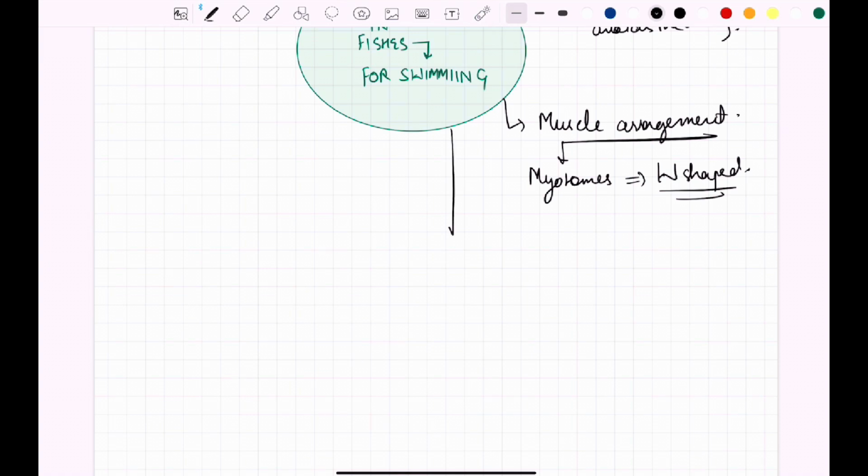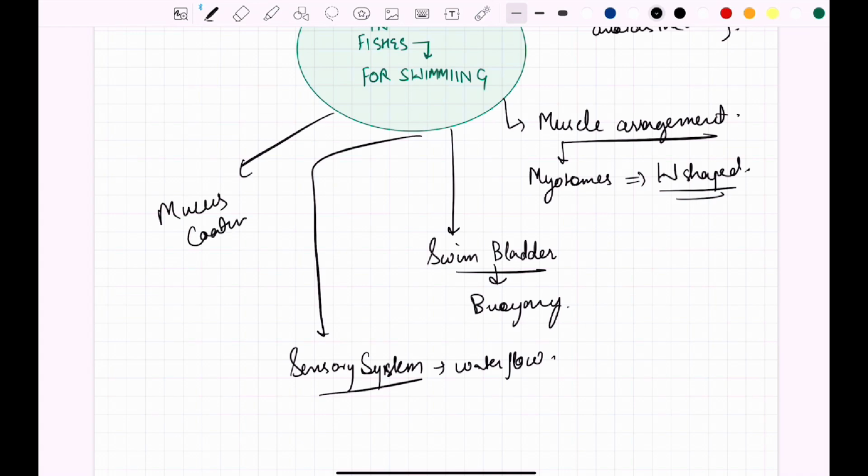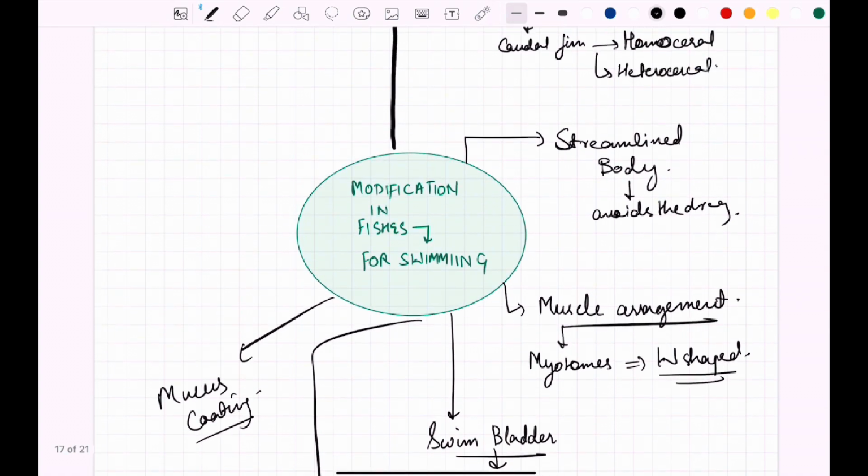Then next is the presence of the swim bladder. The swim bladder is there to maintain the buoyancy. There is a proper sensory system to notice the water flow. There is a mucus coating on the body. There are respiratory adaptations.